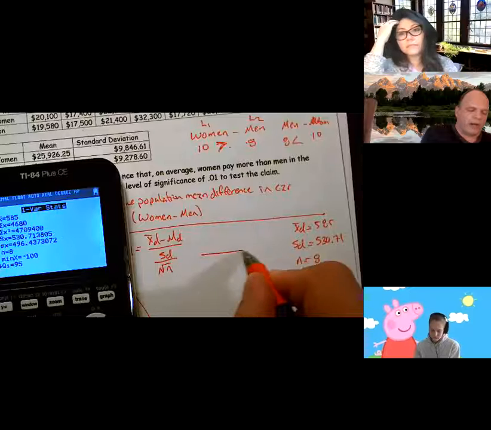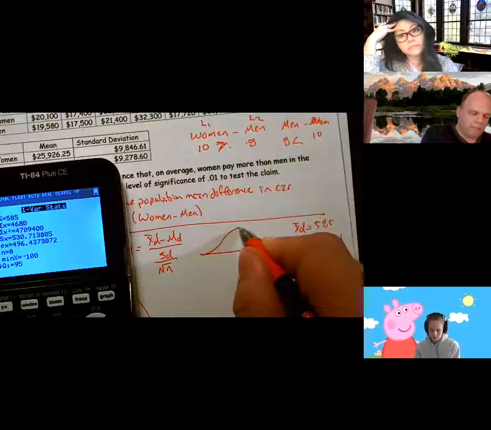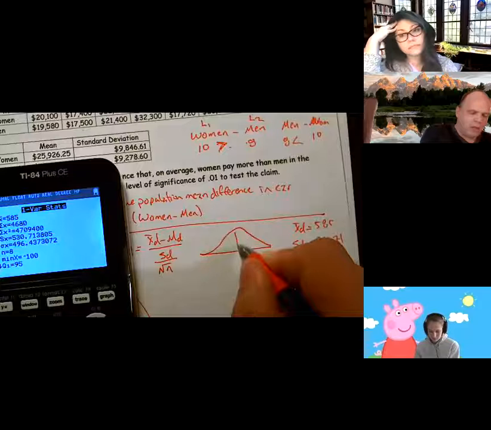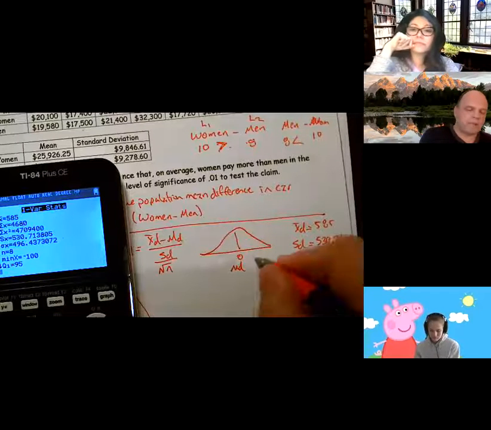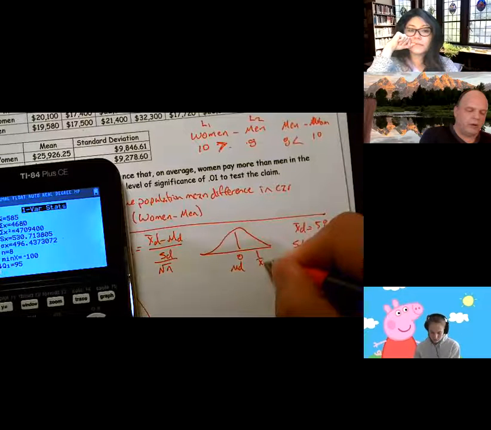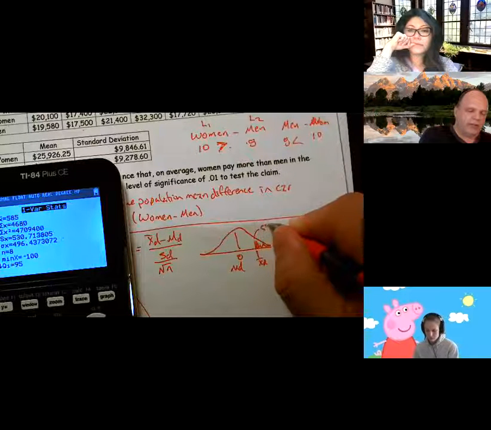If I'm drawing a graph of this, my claim is mu d is 0. So we have an x bar d that's somewhere up here, and our x bar d is 585.